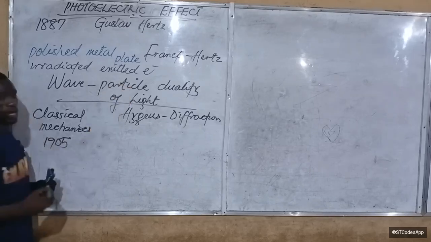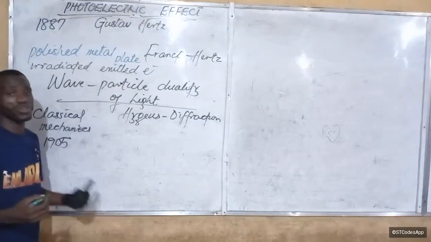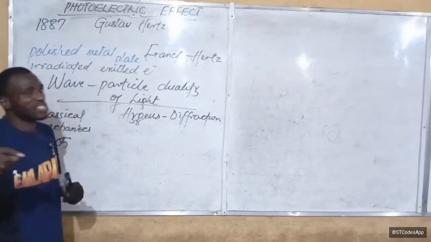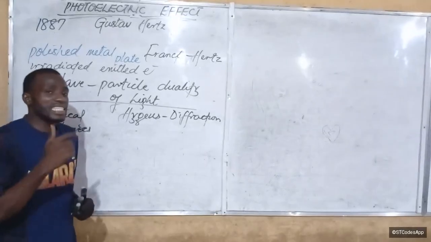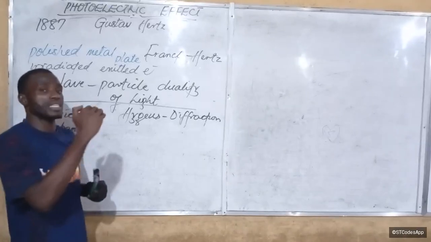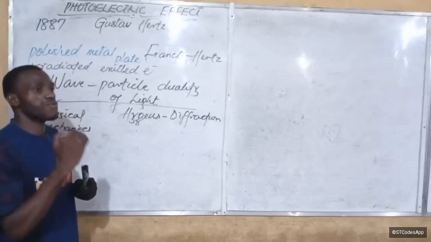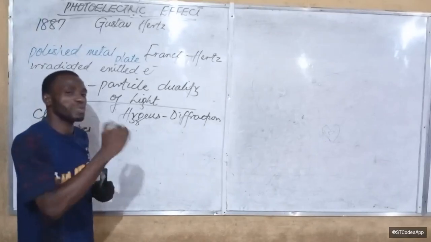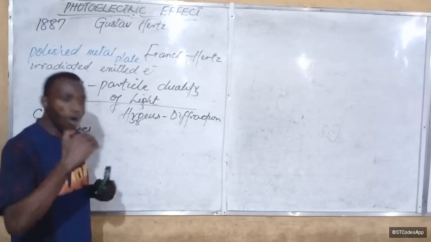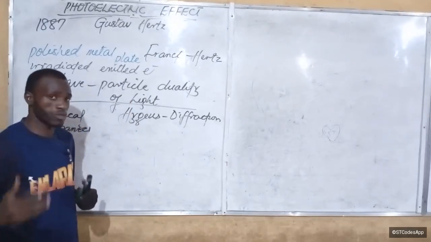How he did that was that he found out that the number of electrons ejected depended on the frequency, and not just any frequency. There was a particular frequency of light that caused an emission of electrons from a metal surface.